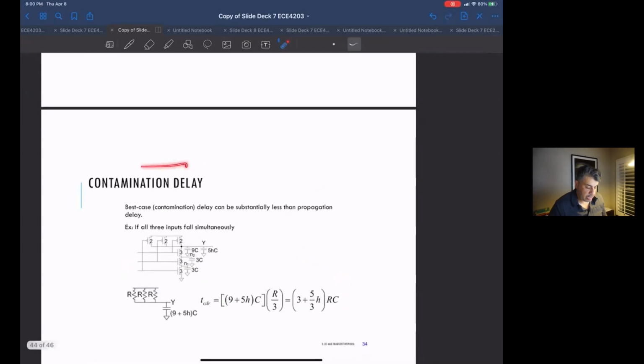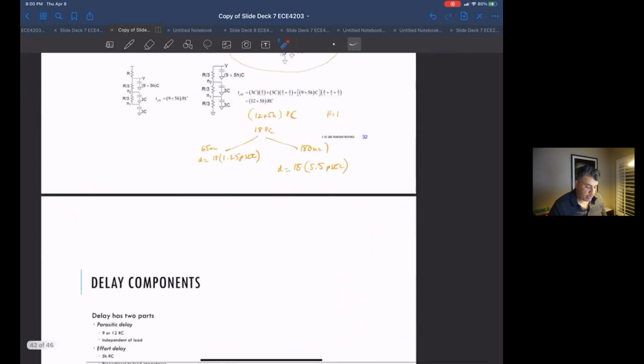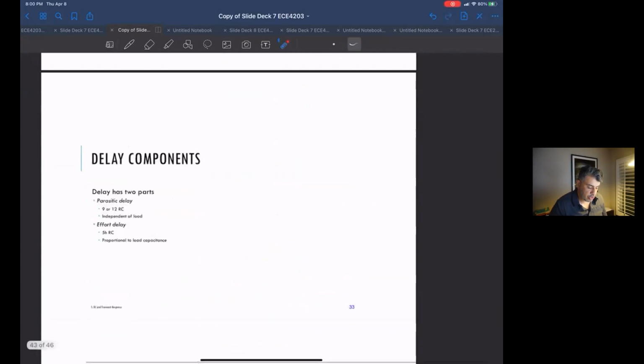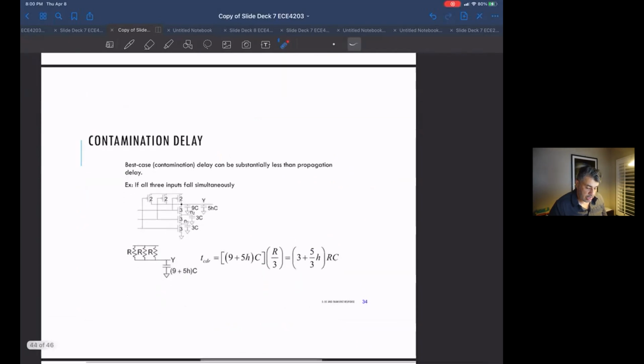Okay, so that's the contamination delay, versus this, which would be the propagation delay. So this is 9 plus 5H, and this is 3 plus 5/3 H. So significantly lower resistance, or lower delay, when all three devices are on.